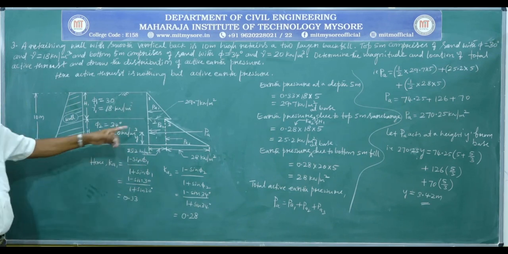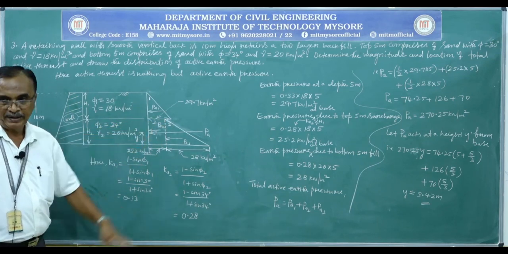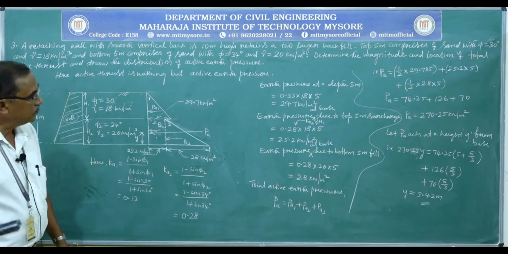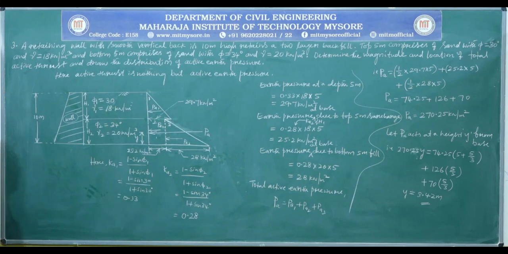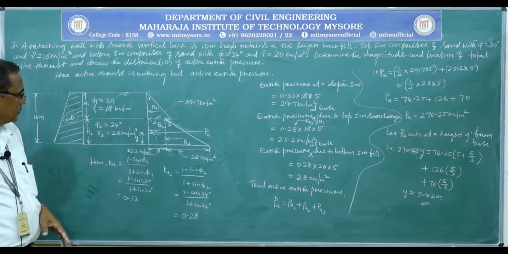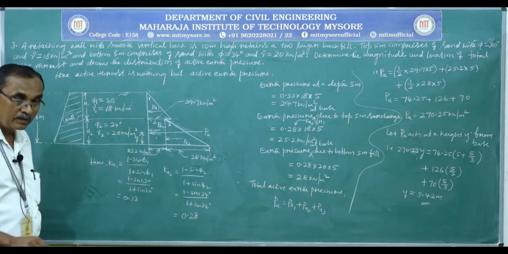So this junction variation is important. So when the back of the wall soil is dry and has different layers, we can work out problems like this to calculate active earth pressure and their point of application. Thank you.